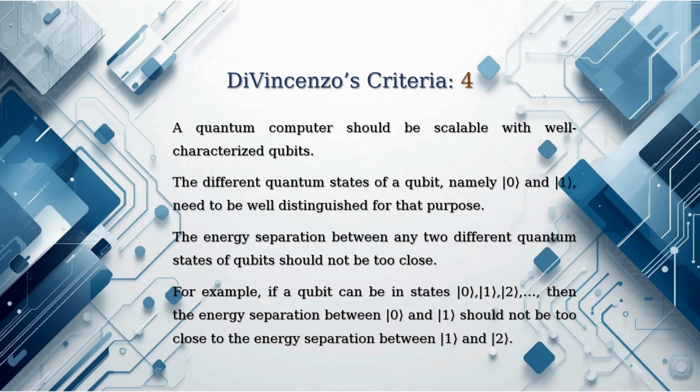For example, if a qubit can be in states Ket0, Ket1, Ket2, etc., then the energy separation between Ket0 and Ket1 should not be too close to the energy separation between Ket1 and Ket2. If not, then quantum computations will fail.